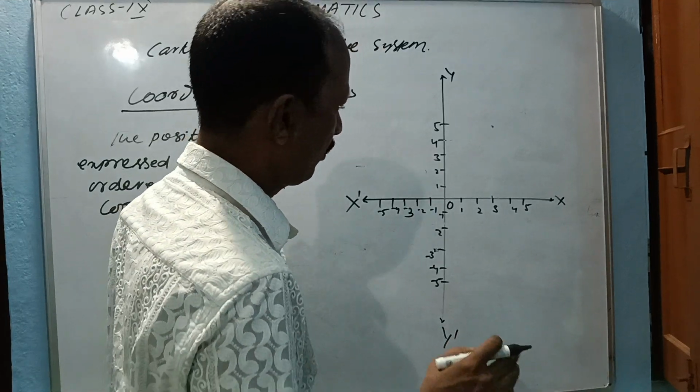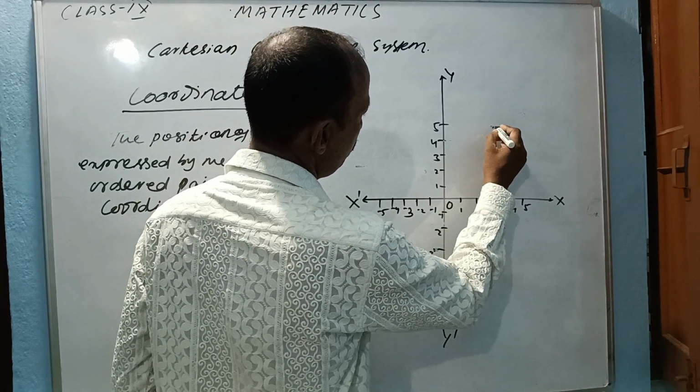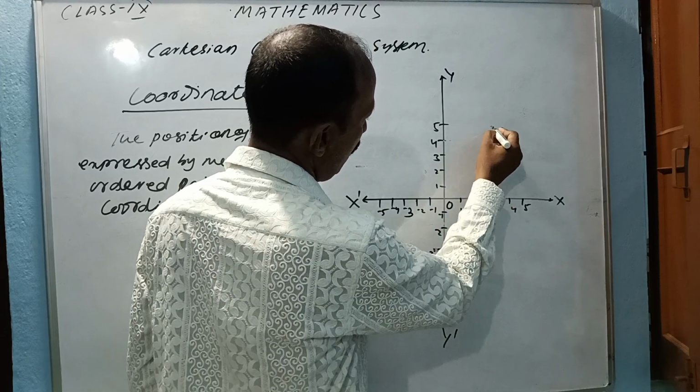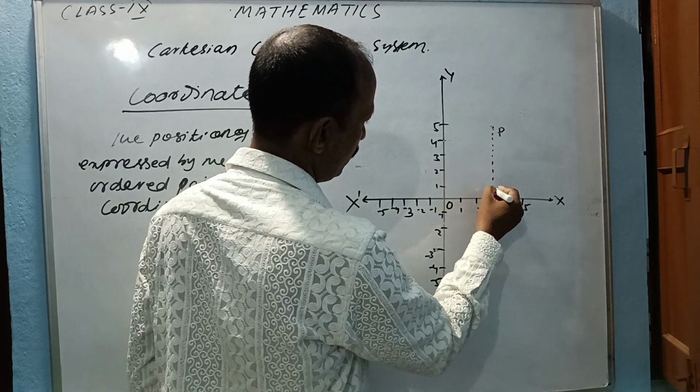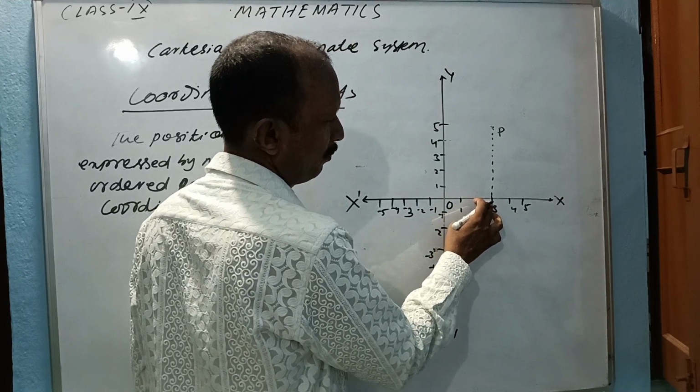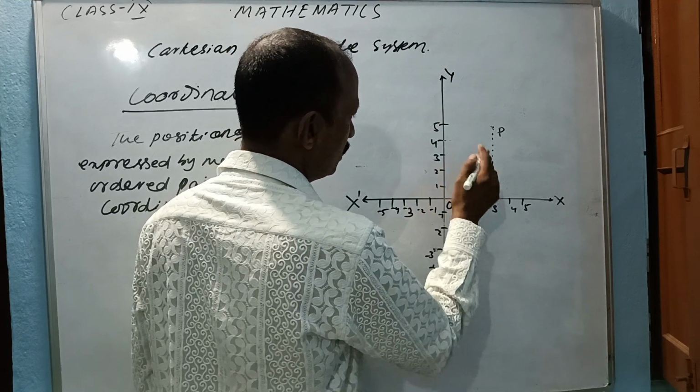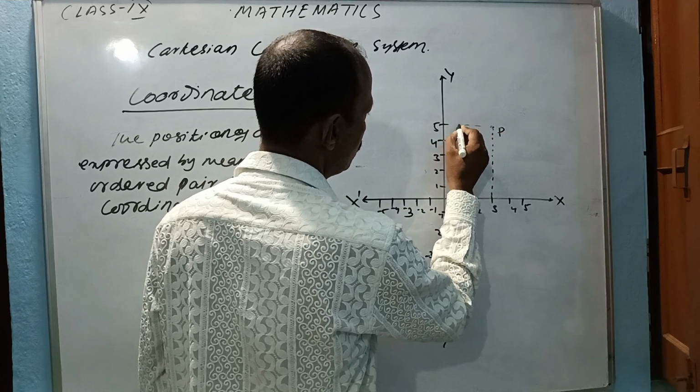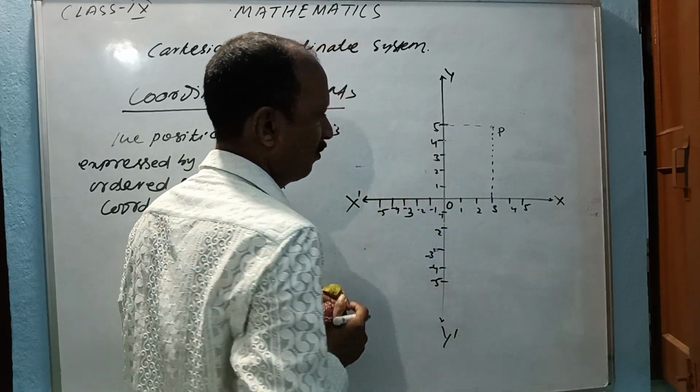That means, listen carefully, this point P, now I am drawing the perpendicular distance from point P. See here is the 3 on the number line. Similarly I am drawing from here to here a perpendicular line, it is touching the 5.